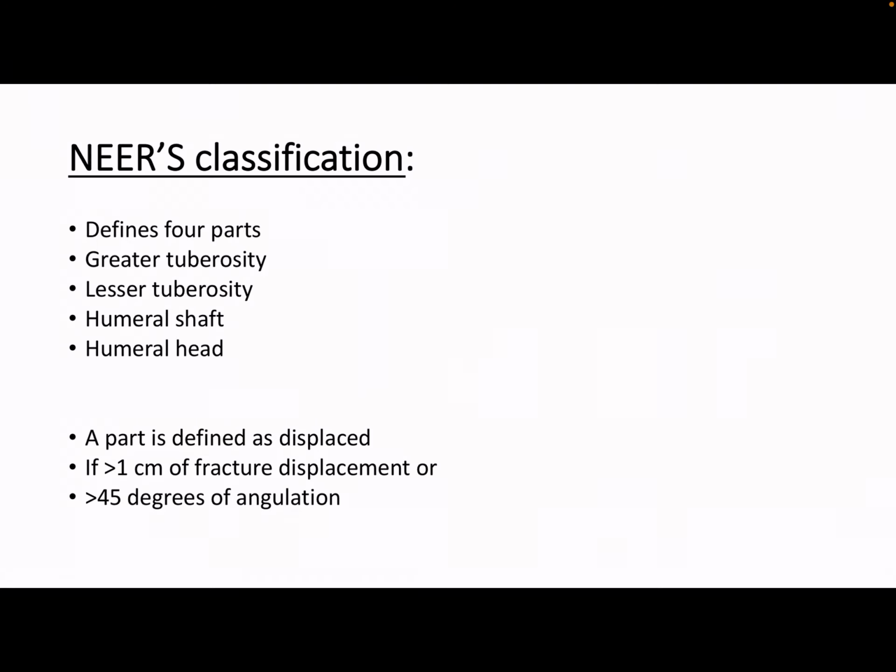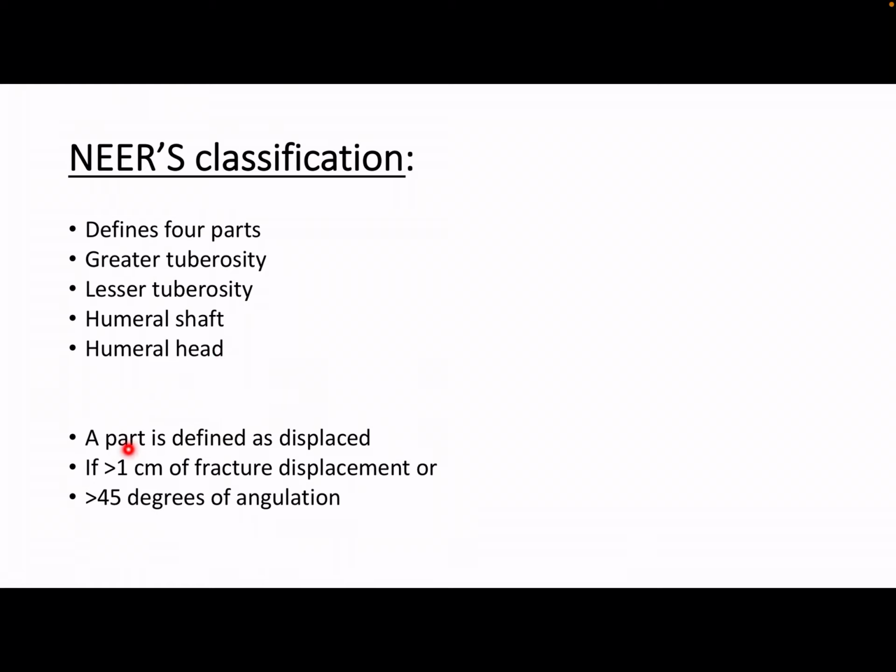So what is the Neer classification? The Neer classification is for proximal humerus fractures. It has 4 parts. It defines the greater tuberosity, the lesser tuberosity, the humeral shaft, and the humeral head.